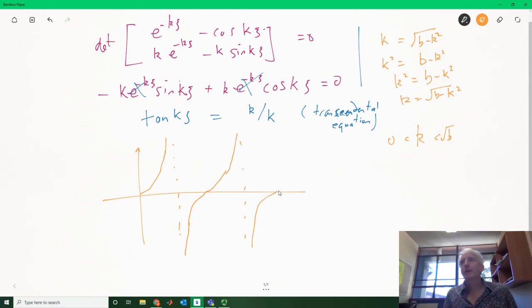There's the picture of tan. And this is pi over 2, 3 pi over 2, and this is pi. So that's tan of kappa zeta. I've got to be slightly careful here.